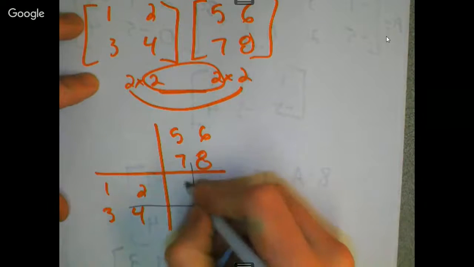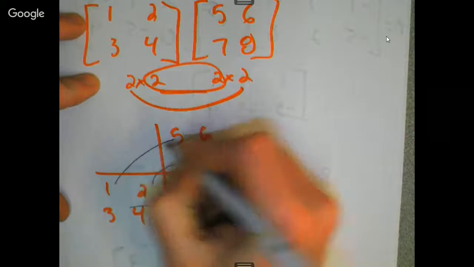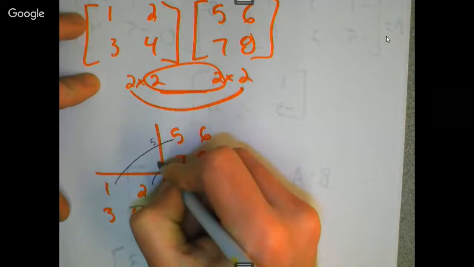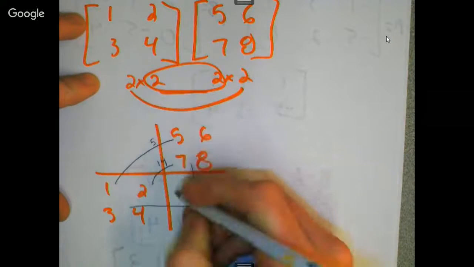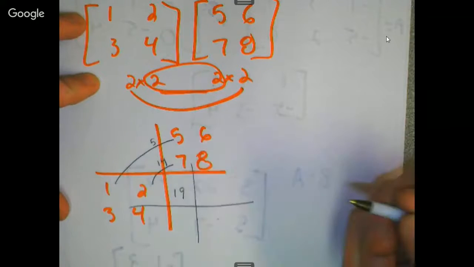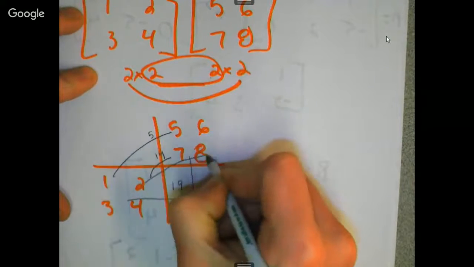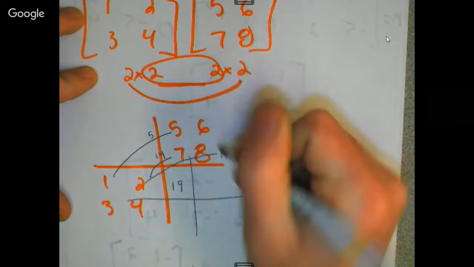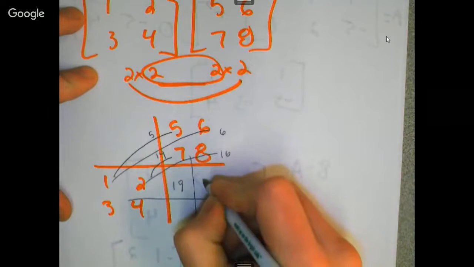So to get this first element, I use this row and this column. We'll multiply across, so you get 5 and 14, and then you add coming down into this box. So you get 19. And then here we'll multiply and get 16. We'll multiply and get 6, and we'll add.